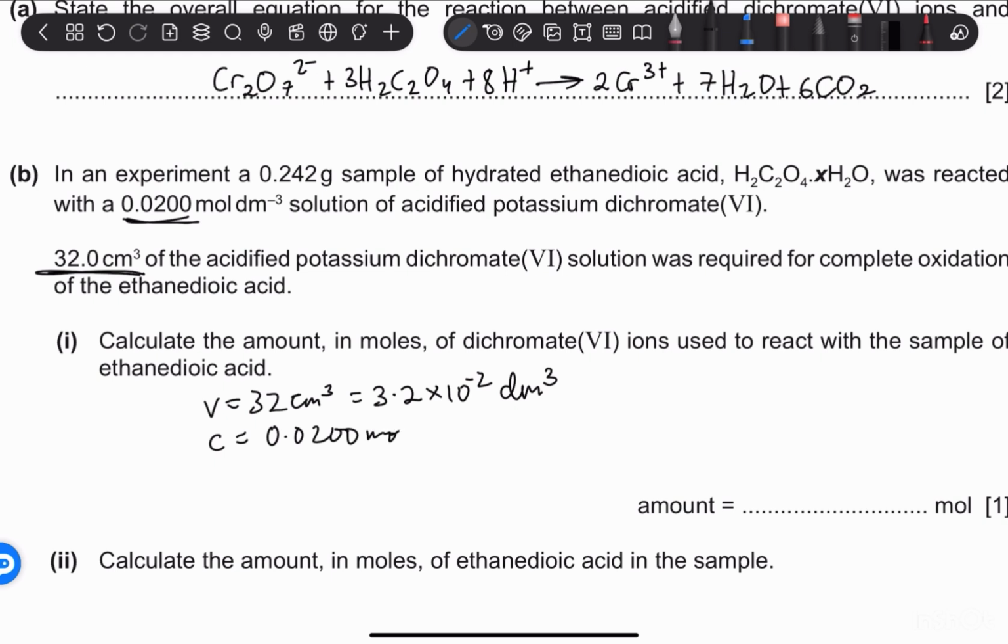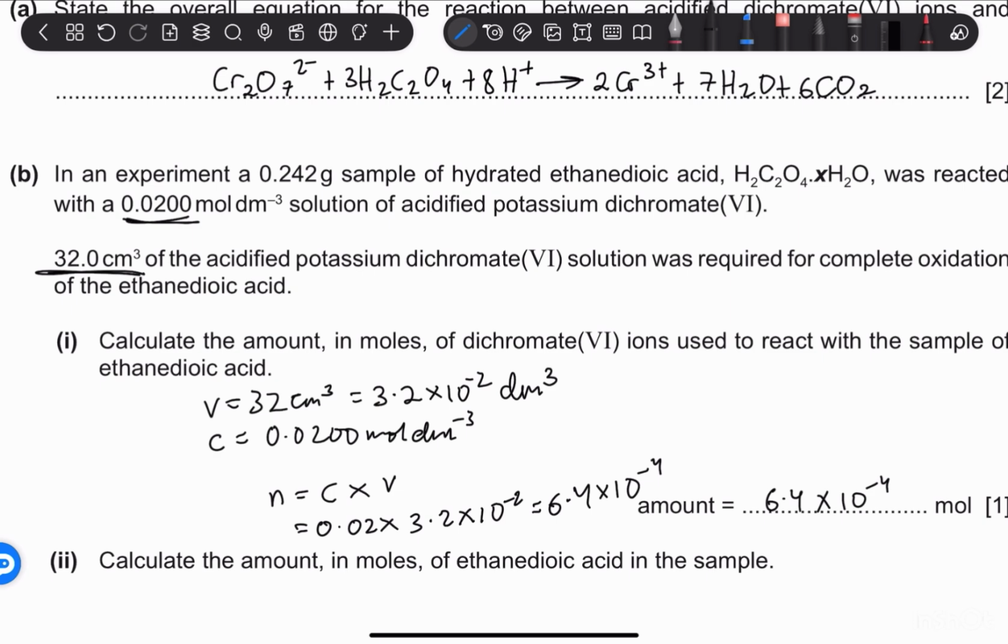So when we're calculating the moles, we're going to use the same formula, n equals C times V. So we're going to have 0.02 times 3.2 times 10 to the power minus 2. What we get is 6.4 times 10 to the power minus 4. I'm just going to put 0 here so that we know it's in 3 sig figs.